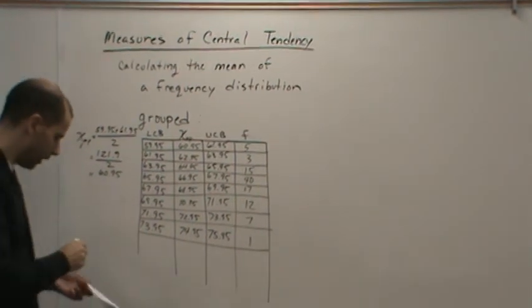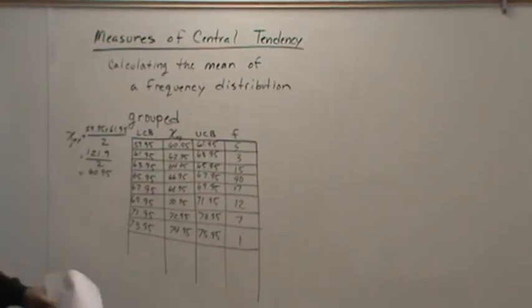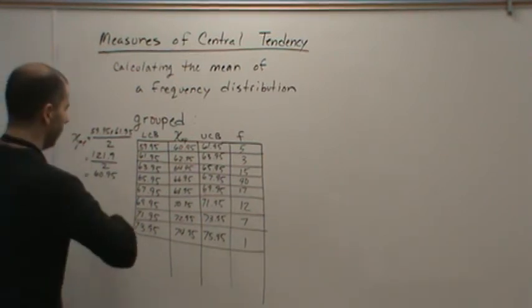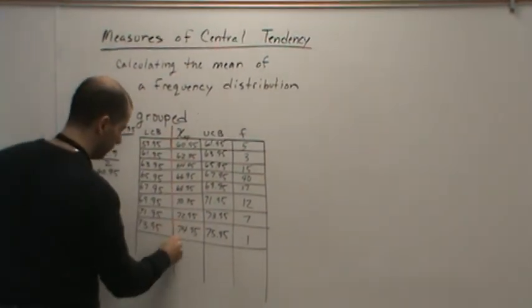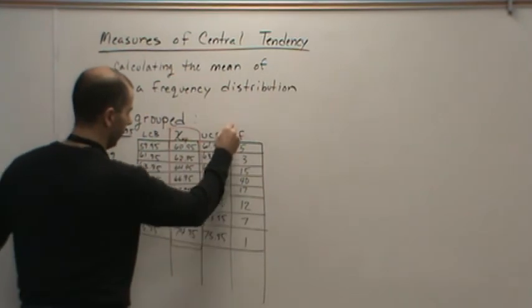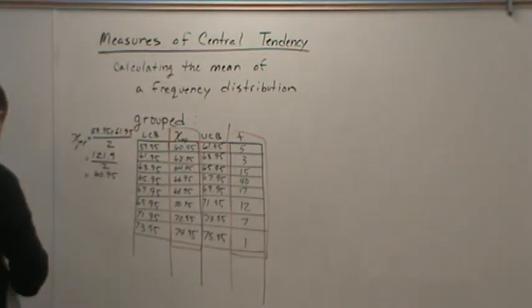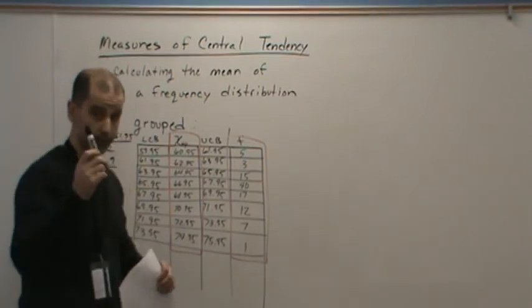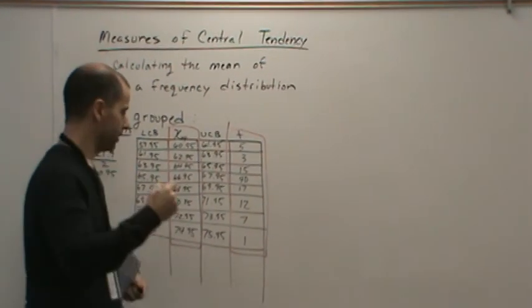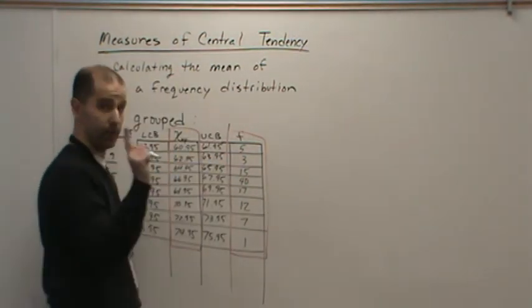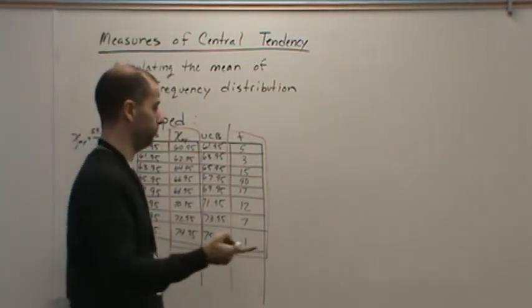So what columns are we going to use to calculate our mean for this distribution? We're going to use this column and this column. And we're going to use the same formula, except we're going to use x sub mp, the midpoint, instead of the data value, okay?